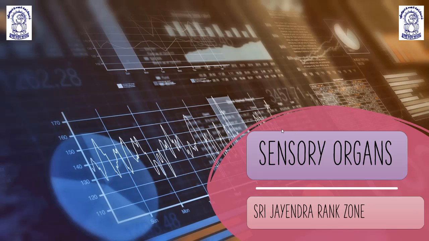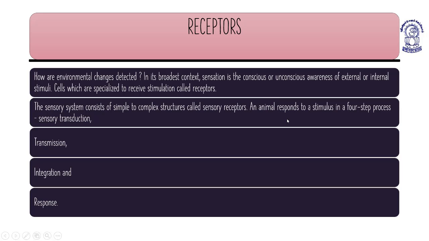So starting from the types of receptors, first we will study what receptors are. The environmental changes are detected with the help of these receptors.